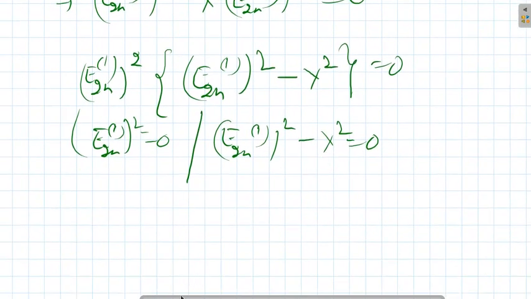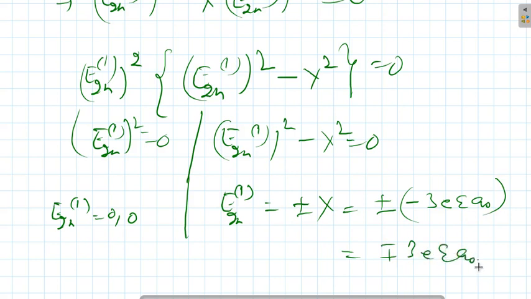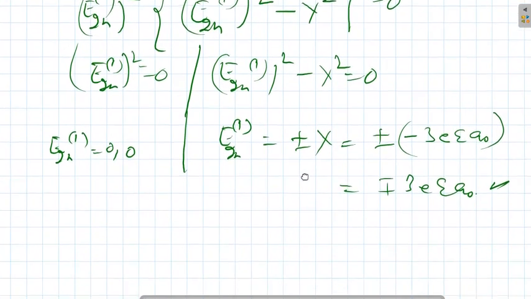So that means now I am getting two values of this, 0, 0, because it is a quadratic and this is also quadratic. So from here I can say that it's two values plus minus x, or I can say plus minus 3 e epsilon a naught, or minus plus 3 e epsilon a naught. So that's what we are getting. So it means there are 4 possible values.